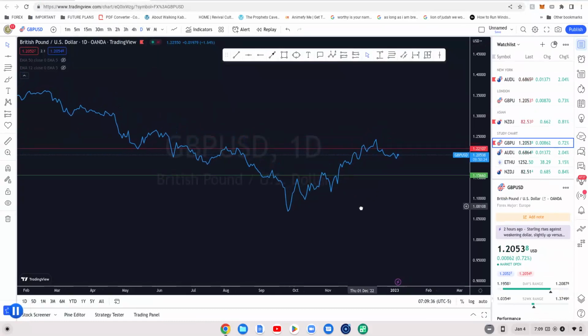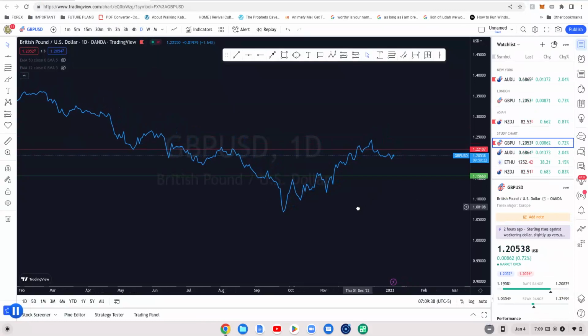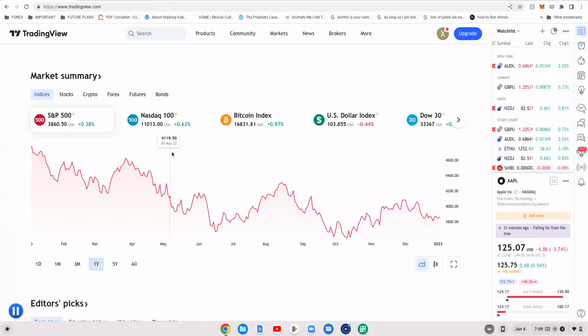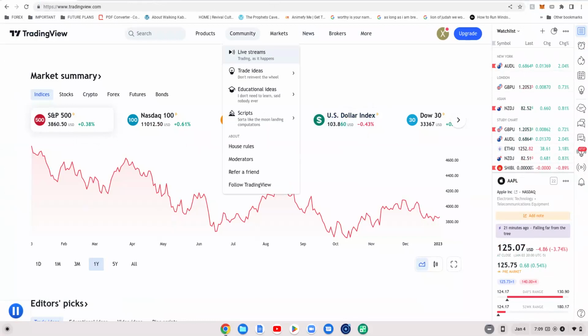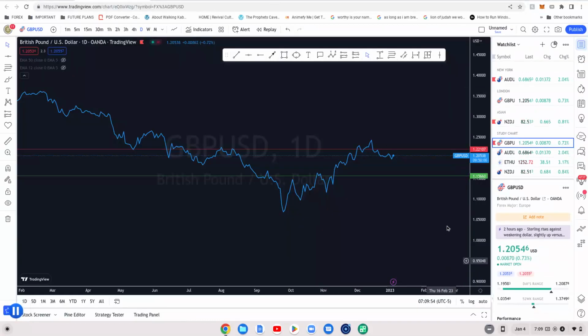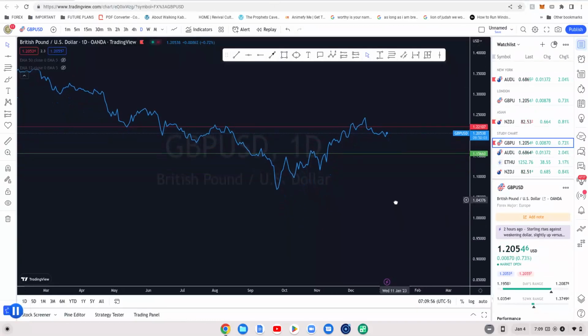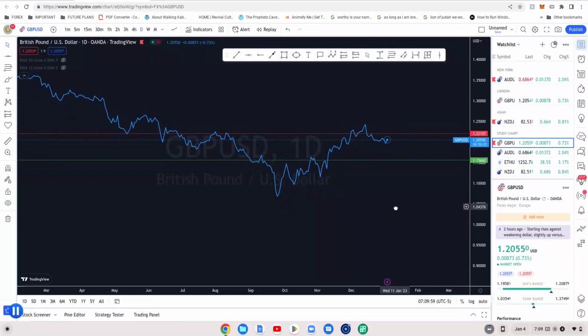And that's what Forex stands for, foreign exchange market, the exchanging of currency pairs. And cryptocurrency is also included in that. And if you want to look at stocks, you can also see them on TradingView, as well as indexes. But right now, you guys are going to be with me marking up the British pound and the US dollar.